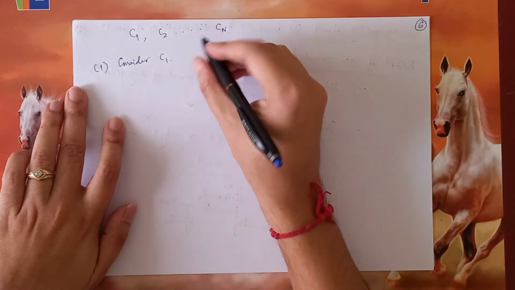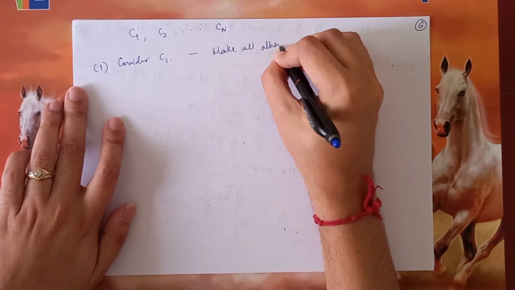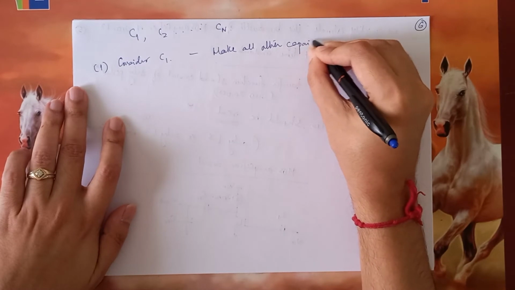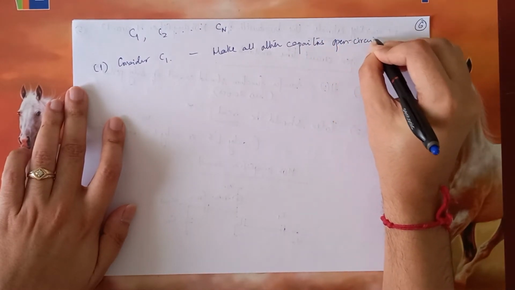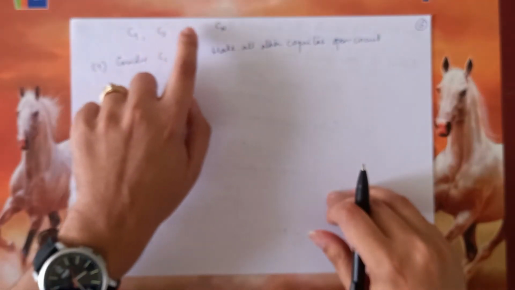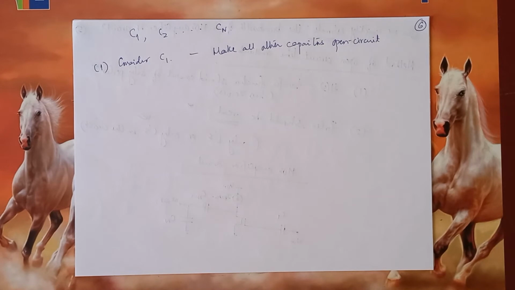When we are considering C1, make all other capacitors open circuit. That is, take all the capacitors from C2, C3 all the way till Cn and make them open circuit.